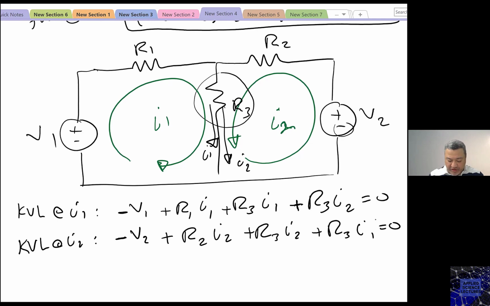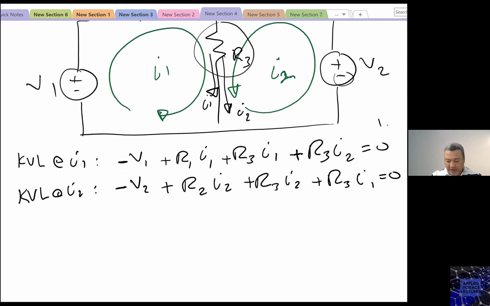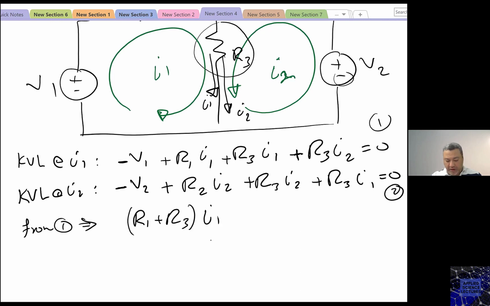Now rearranging, this is 1, 2, so from 1, I have here R1 plus R3 I1 plus R3 I2 minus V1 equals 0.